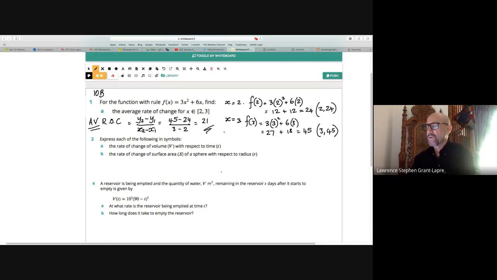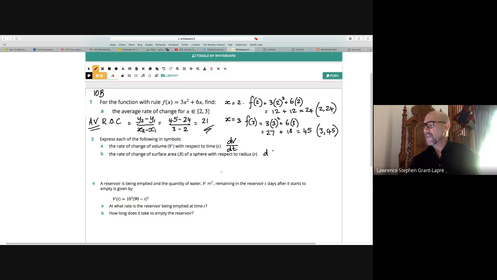Question 2. Express each of the following as symbols, the rate of change of volume with respect to time. That's dV/dt. 2b, the rate of change of surface area with respect to radius.